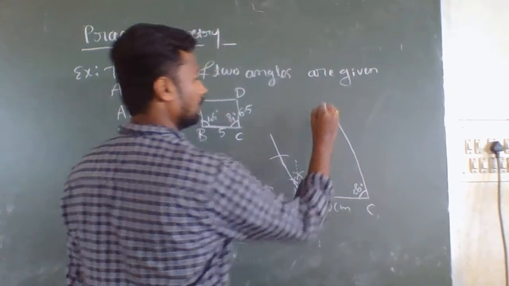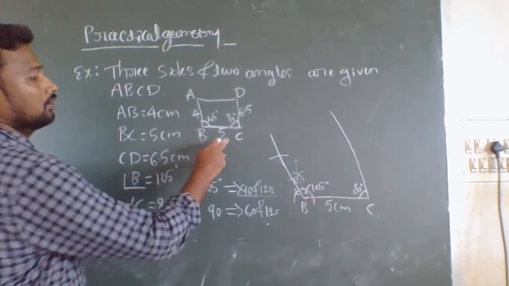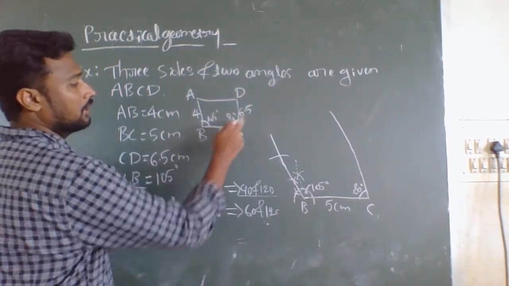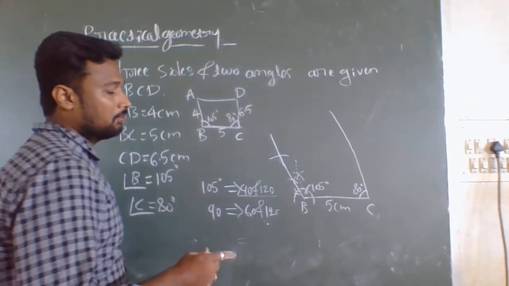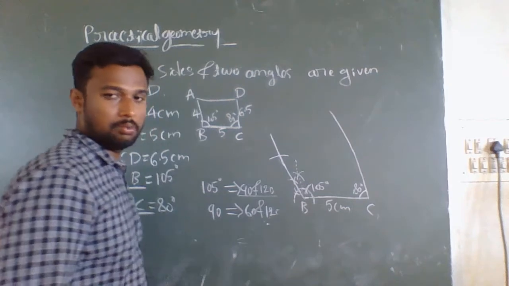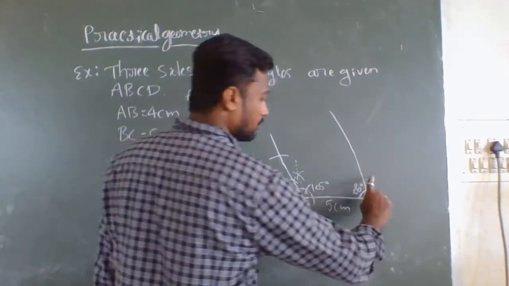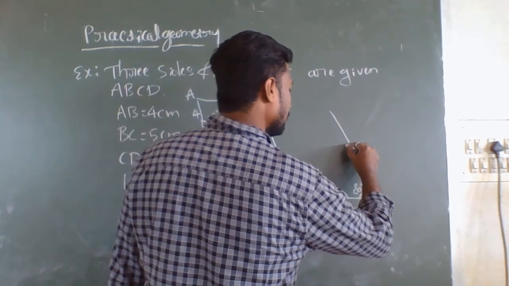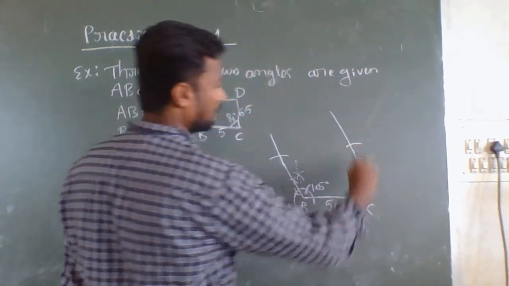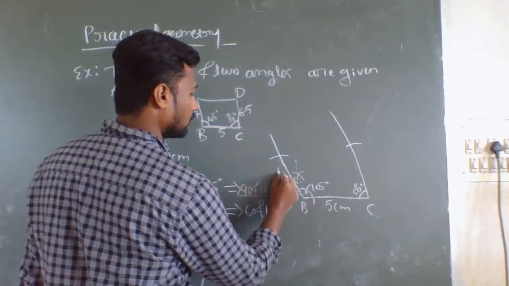only, here C to D, it is 6.5 centimeter. Again take a measurement of 6.5 centimeter in compass and place it on point C and intersect this line, which is of 6.5 centimeters. This is 4 centimeter.